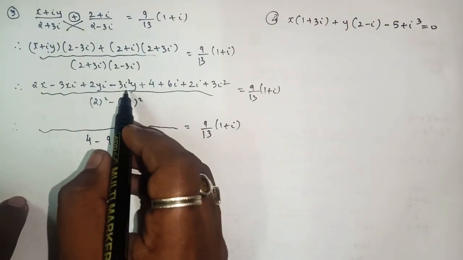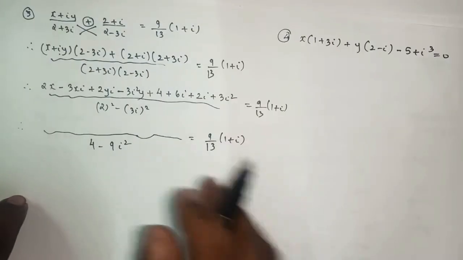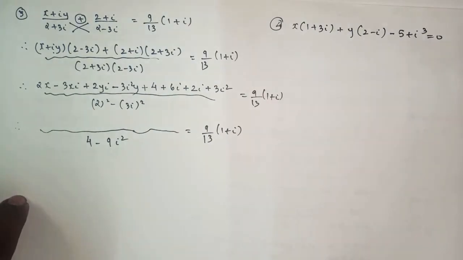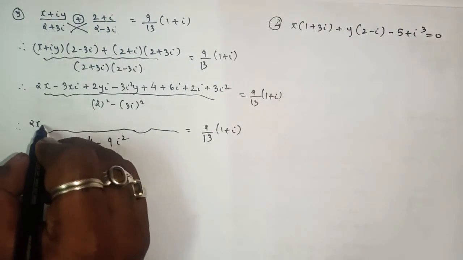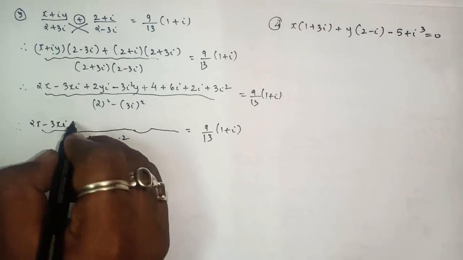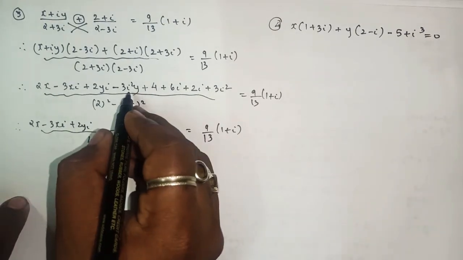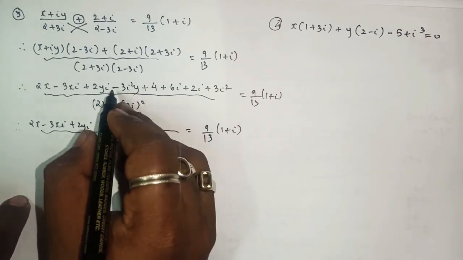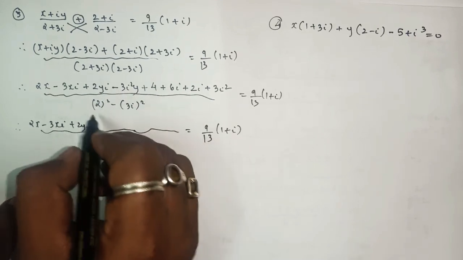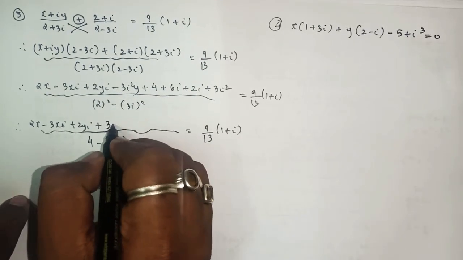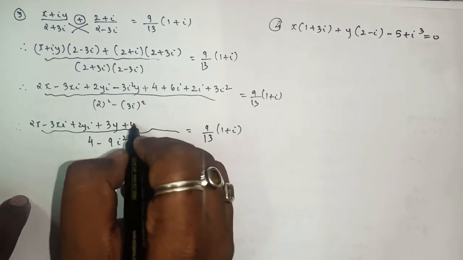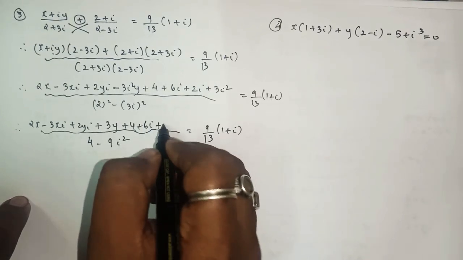Okay, so now first we'll replace the value of i square by minus 1. Let's see what we'll get in the next step. So we'll keep this 2x as it is, minus 3xi plus 2yi. If we replace this i square by minus 1, already here we have minus, so minus minus will be plus, so this will be 3y, yes or no? Plus 4 plus 6i plus 2i.